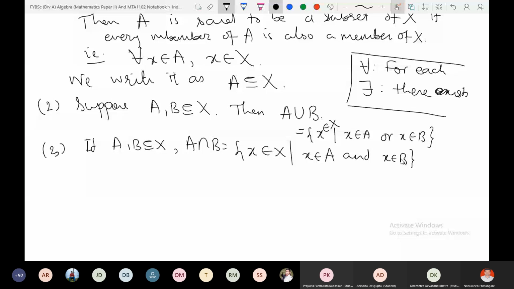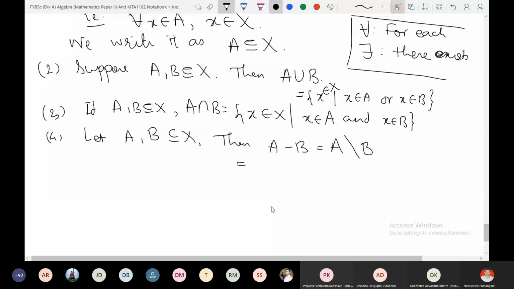Okay, so let A, B be subsets of X, then A minus B, or it is also denoted by A backslash B, is a set. Let me first explain it geometrically.